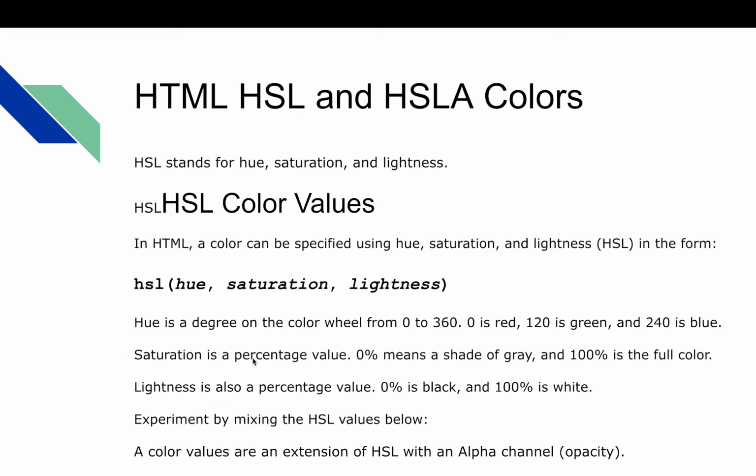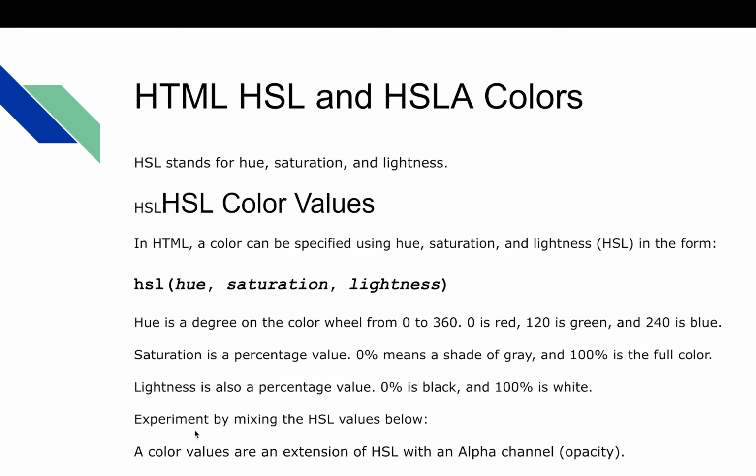Saturation is a percentage value. 0% means a shade of gray, something like opacity, and 100% is full color. Lightness is also a percentage value. 0% is black and 100% is white.